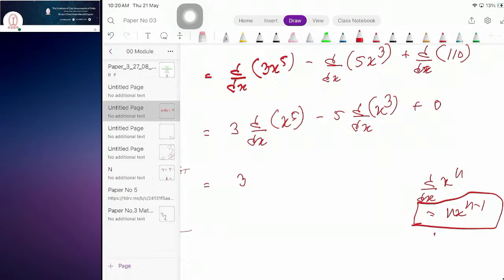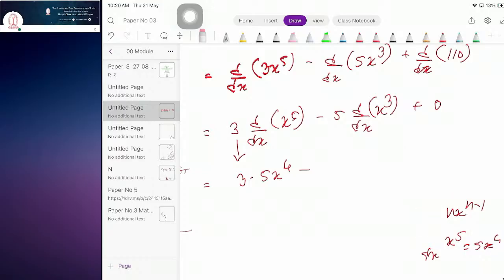So put this value over here, d upon dx of x raised to 5 will be 5 x raised to 4, that's all. So 3 as it is, multiplied by 5 x raised to 4, minus the second value, 5 into x raised to 3, same, that will be 3x square, because x raised to n gives n x raised to n minus 1.